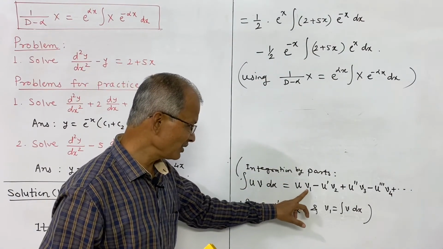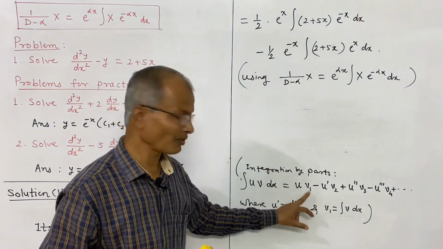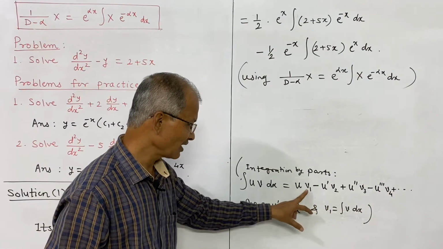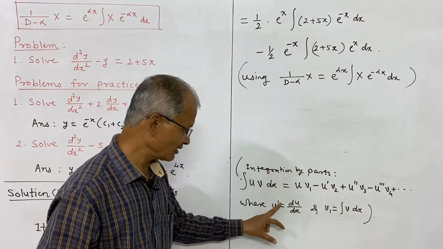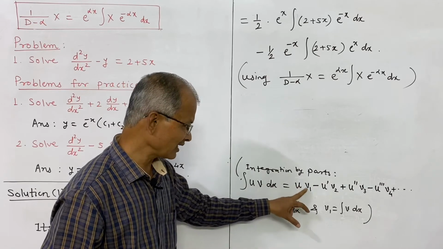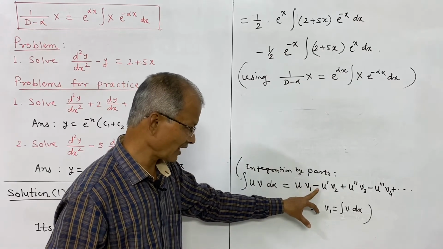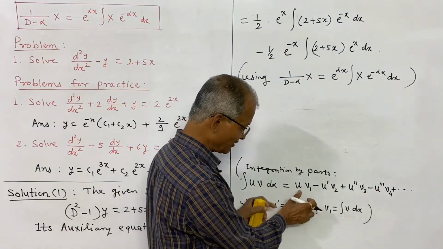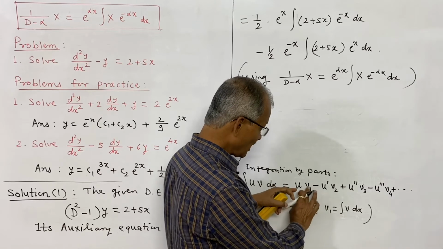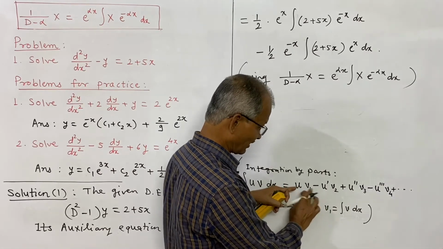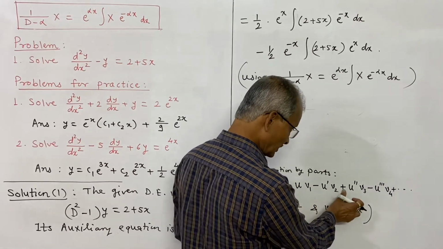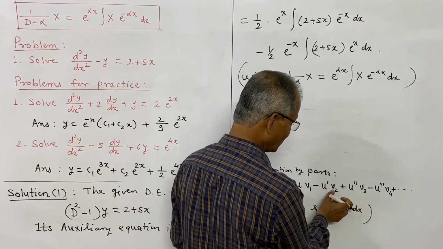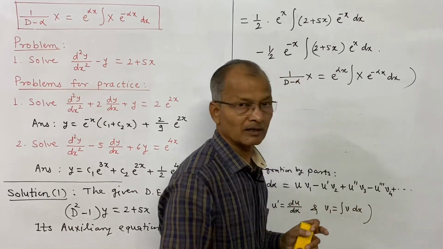First term is u into integration of v. v1 stands for, note this, suffix notation stands for the integration of this function, and prime notation or dash is used for derivative. So first function as it is, integration of second, negative sign, minus the derivative of this function, whatever function is there you should write in bracket, and then derivative of this, and into integration of this function v1, that is v2, plus next sign is plus the derivative of u prime, u double prime, and integration of v2 is v3, and so on.